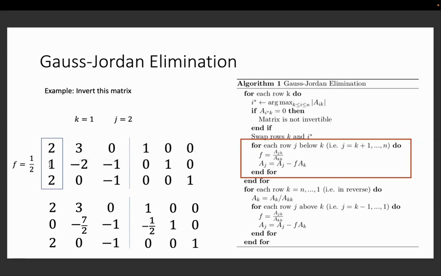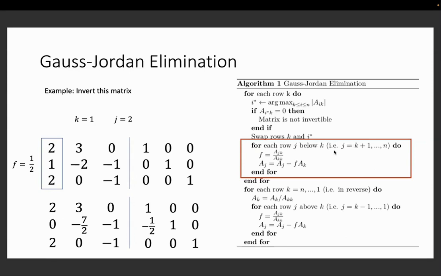And then we subtract this from the second row. After that, as you can see, we change this element to 0. We did that to make sure that this element is going to be 0, right?